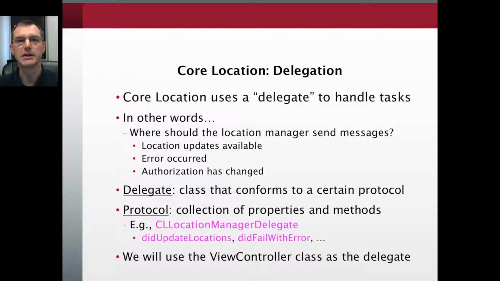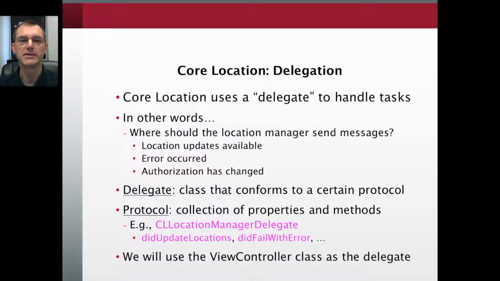In our case, the location manager that manages the location services is going to be sending messages to apps that require the location information, like our sensor app. So when the message arrives, iOS needs to know where to send it. And so that's the job of the delegate. The delegate says, I am the one to send these messages to, and I have the methods implemented to handle those messages.